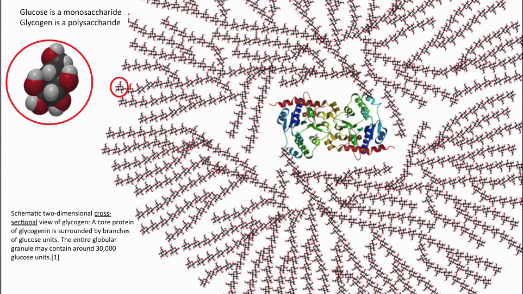How large is glycogen? It's so large it won't fit on my slide. This is part of a sphere, so it goes all the way around, right, way off the slide. And it's a cross section, which means, take a gumball or whatever and slice through it, and actually slice through it again, so you get one thin slice, like a deli slice, and this is what you see, a layer of a spherical construct.